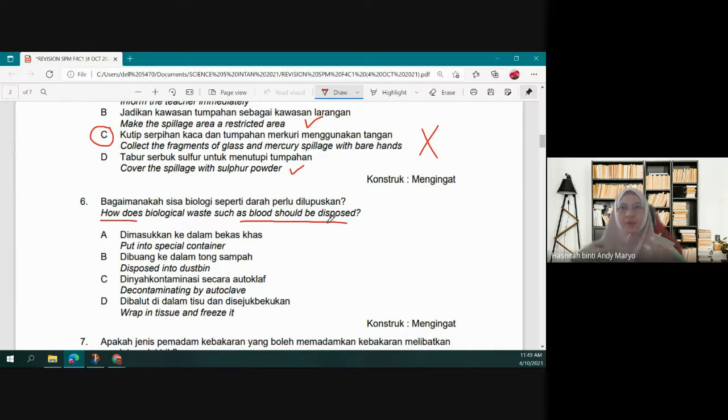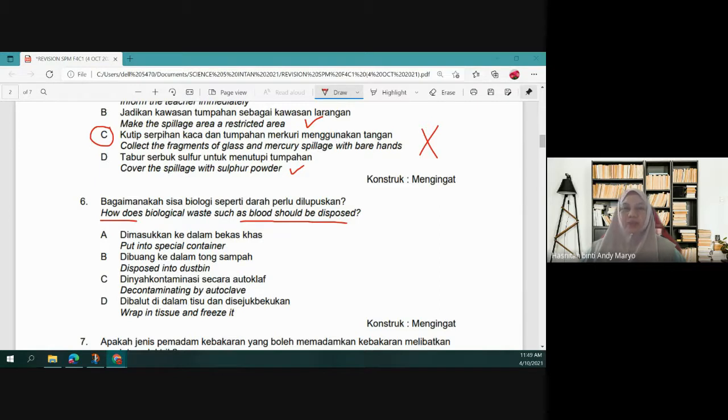So where do we throw that blood stain? Can we throw directly into the dustbin, or put them in a special container, or decontaminate by autoclave, or wrap them in tissue and then freeze it? Which one do you think is the best way to dispose the blood stain?